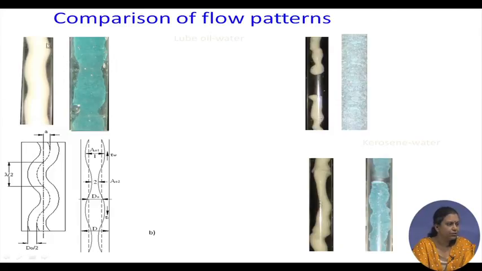In this situation, you find a serpentine-like lubricating oil core in the central portion, and it is surrounded by an annular water film. And we find that this sort of corkscrew wave is absent for kerosene water flows. In this case, you find that the waves are much more symmetric and not asymmetric like this case.